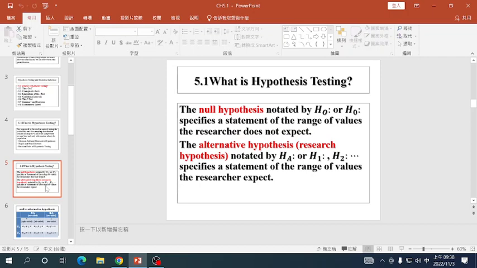All right? So this is what we call stating the null hypothesis and alternative hypothesis. That means your purpose of the research, right? So we call the alternative the research hypothesis. We have 3 types of hypothesis testing in terms of the alternative.